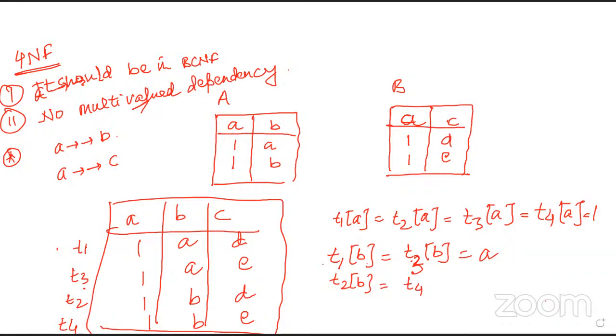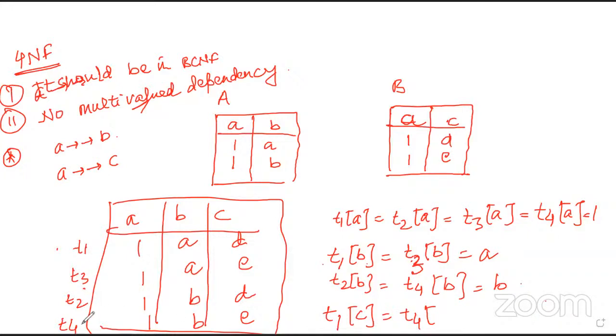T4B. Okay. T24B, that is equal to B, and you can check this condition also. T1C and the T4.